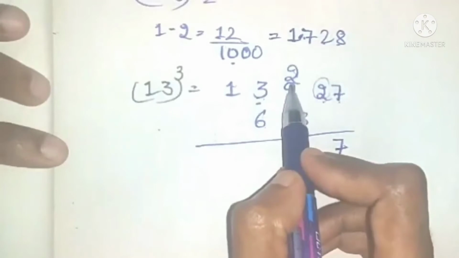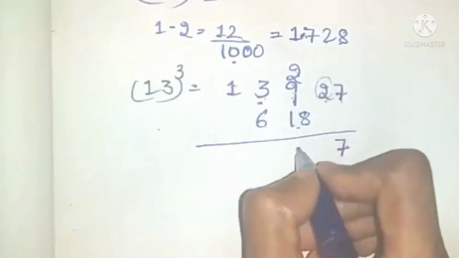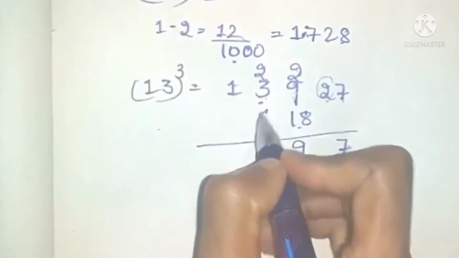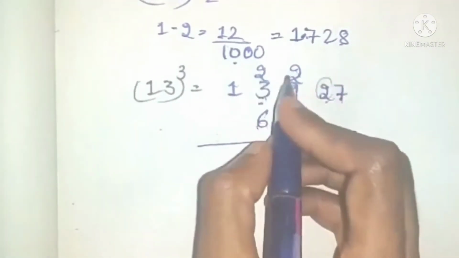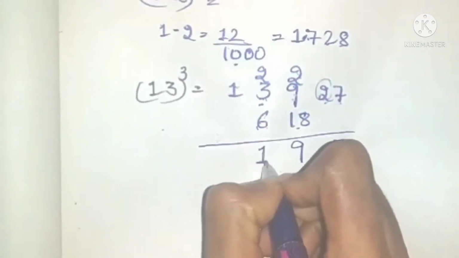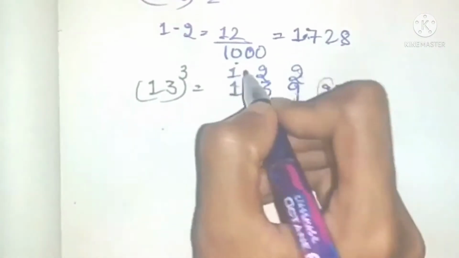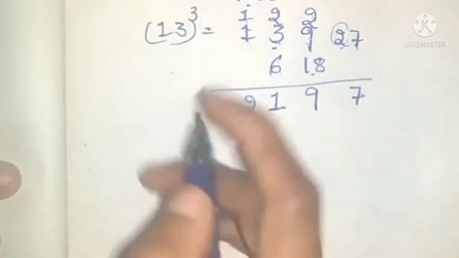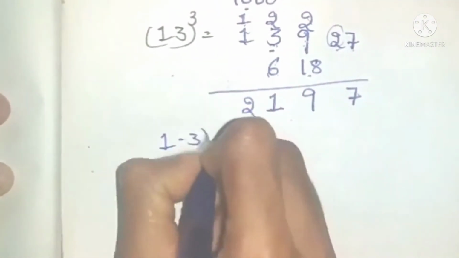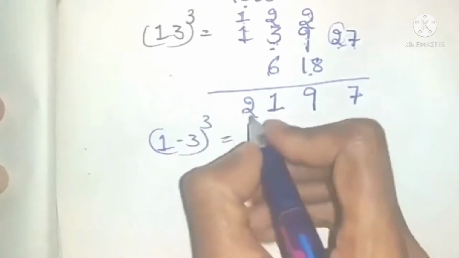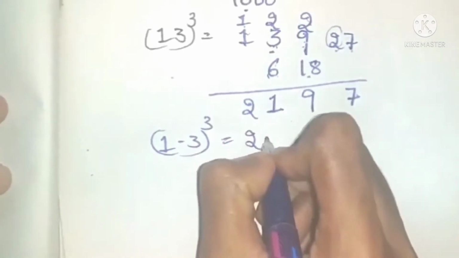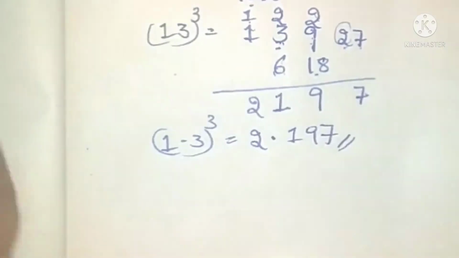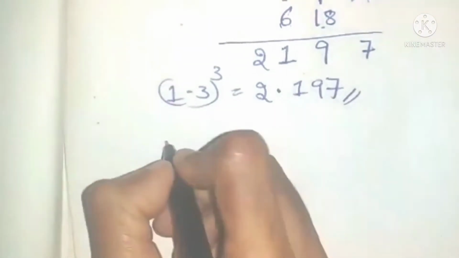Now 18 plus 2, 20. 20 plus 9, 29. 9, and take this 2 here. 6 plus 3, 9. 9 plus 2, 11. Here 1, and take carry 1 here. 1 plus 1, 2. 2197 is your answer. If this is 1.3 whole cube, what is our answer? 2.197.